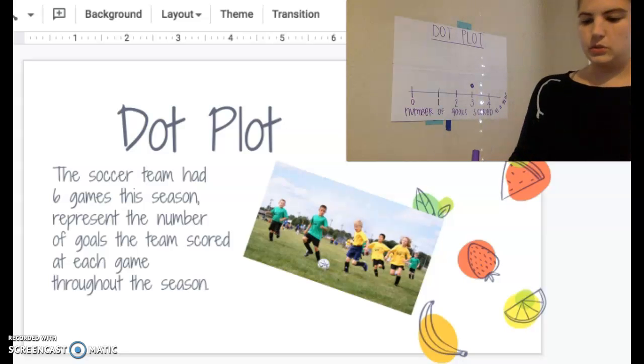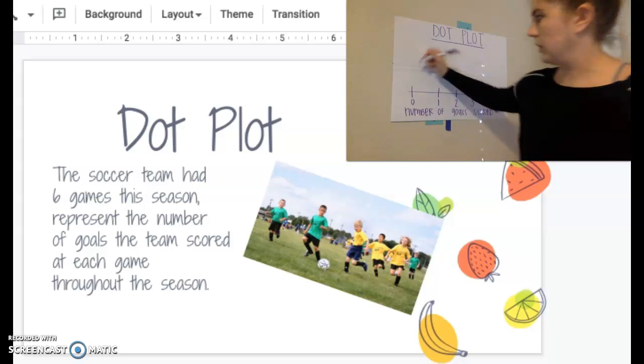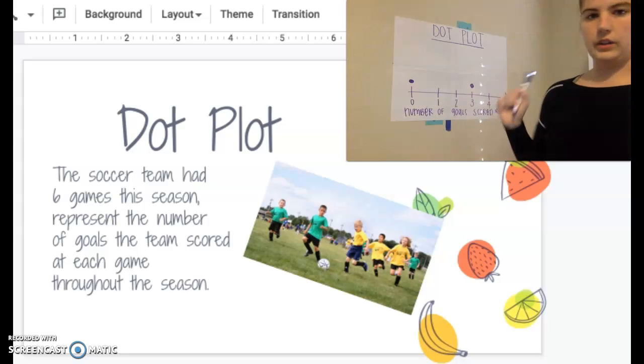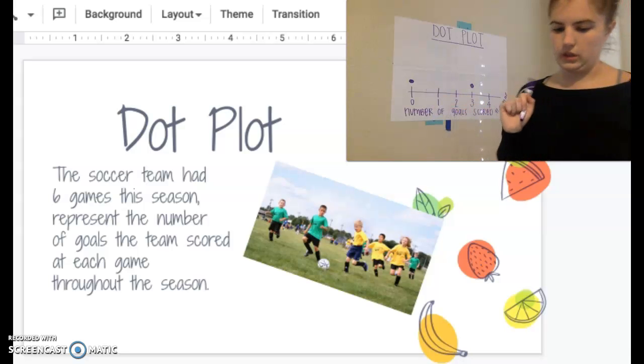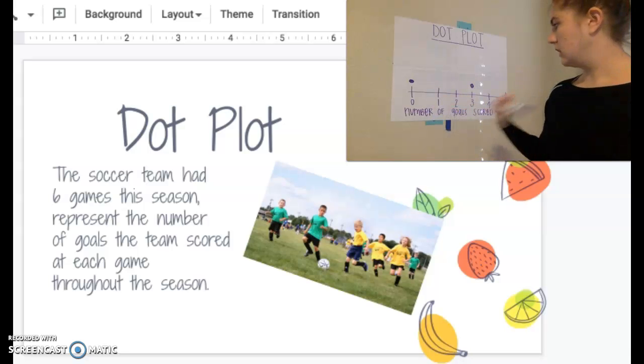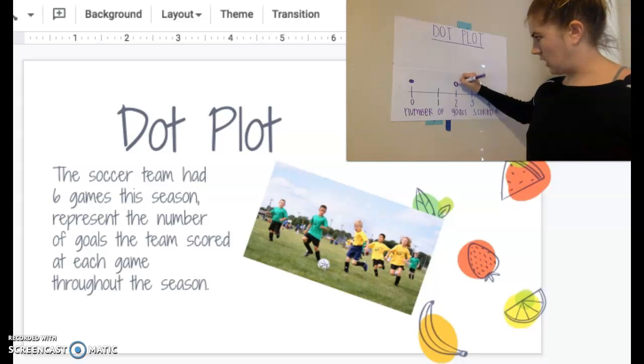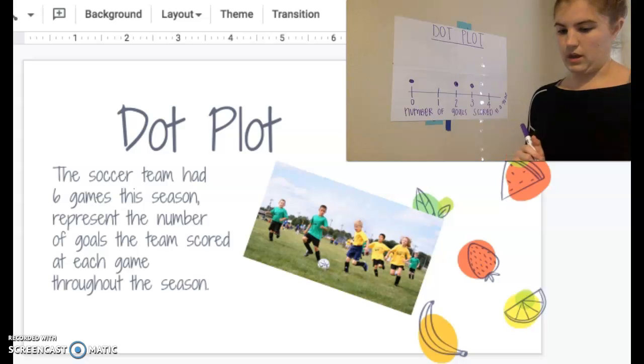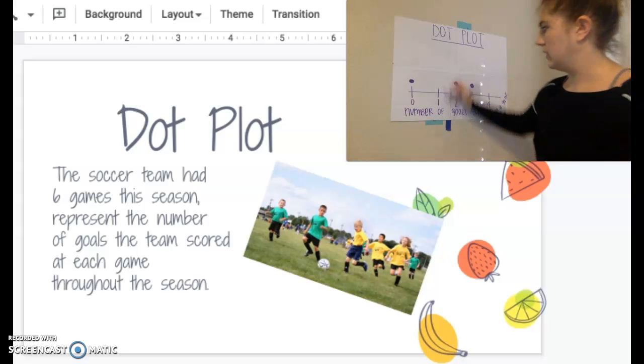Then at game 2, there were 0 goals scored. We'll go ahead and represent that game with a dot on the 0 for the number of goals scored at that game. Game 3, there were 2. We'll make a dot for that game to represent that there were 2 goals scored at game 3. At game 4, there was 1 goal.